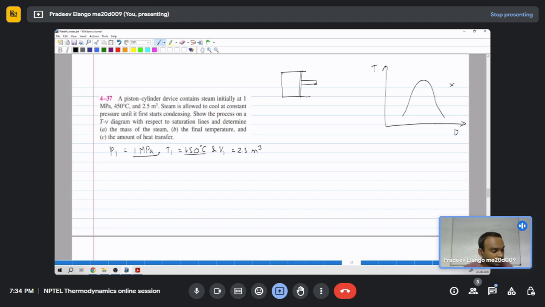So we are somewhere at this point at 1 megapascal and it is cooled at constant pressure, so this is a constant pressure line. This is state 1 and it is allowed to cool at constant pressure until it first starts condensing. So it will start to condense at this point. So this is point 2.